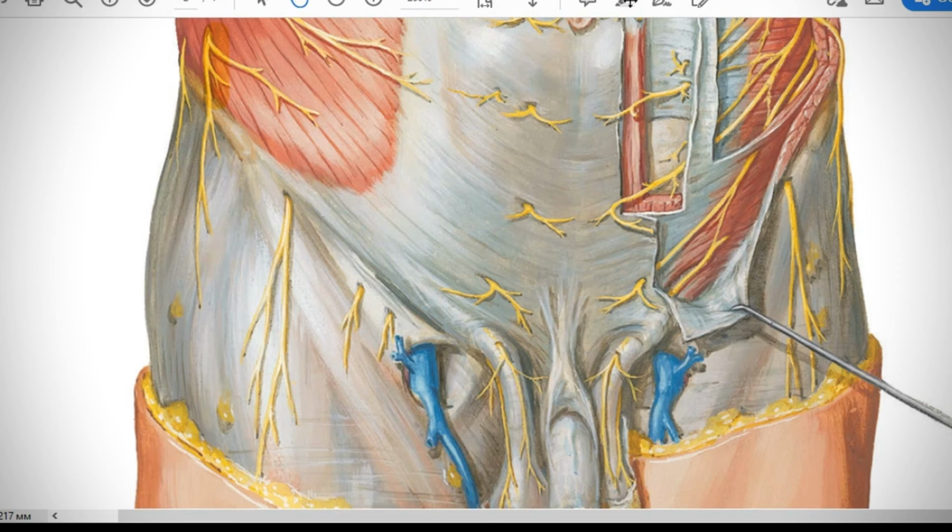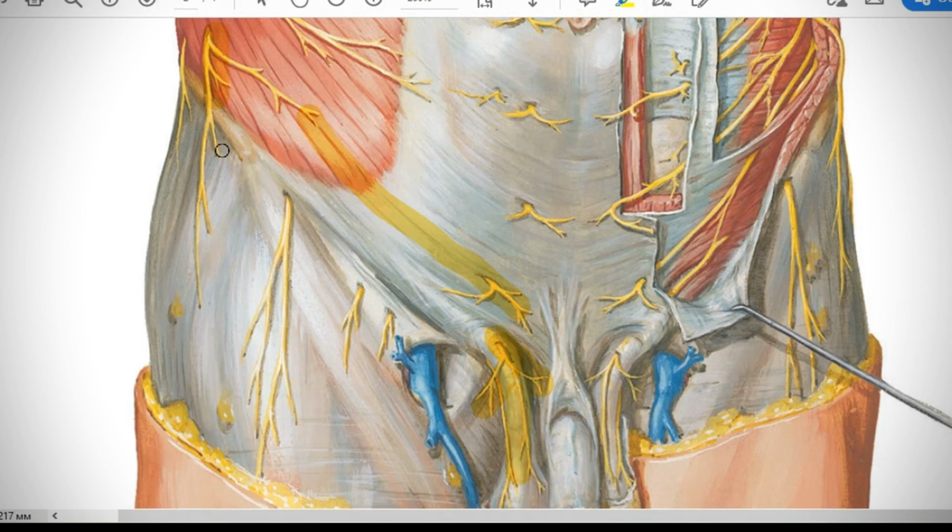So first of all, we have this area above the inguinal ligament. That skin is supplied by nervus iliohypogastricus, the iliohypogastric nerve. Next, near the superficial inguinal ring, we have nervus ilioinguinalis that branches here and supplies skin in this area and also the external genitalia.